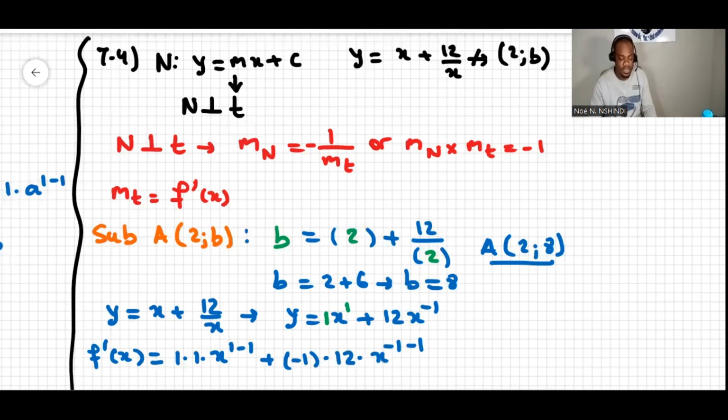All this makes 0 for the first term, so we have 1 times x to the power of 0, which is 1, minus 12x to the -2.